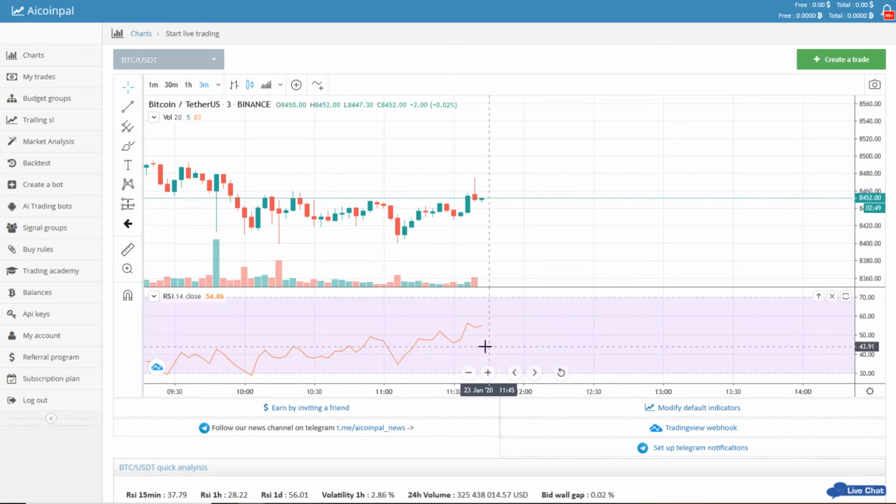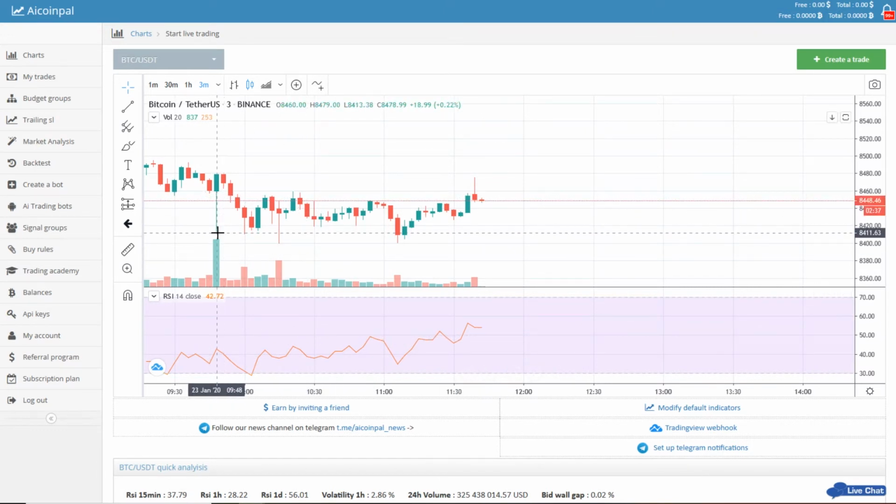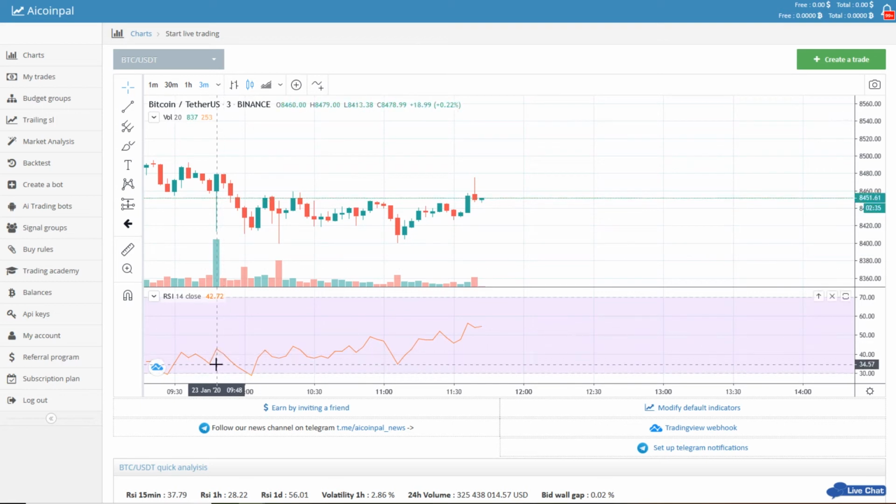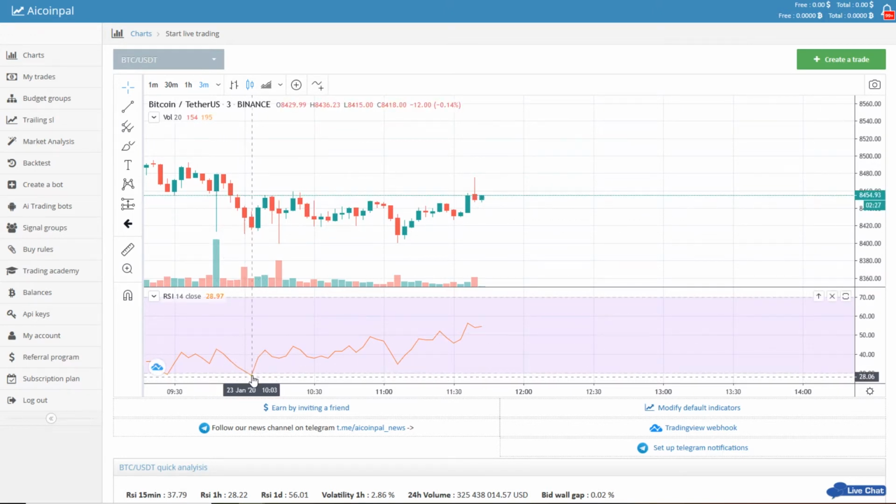As you can see in the indicator, the price is going up, down, up, down. This may come in handy where the price had a wick down. You can see the candle here is high, the RSI is high, but the candle went really, really low, maybe even lower than this point right here.